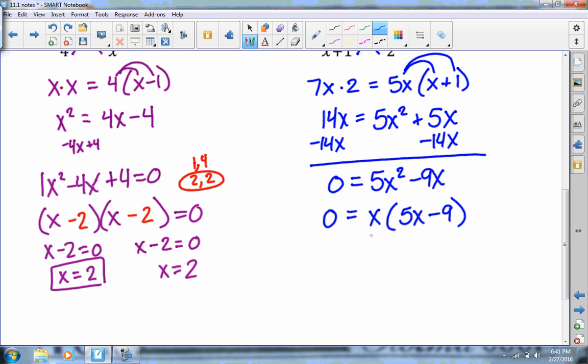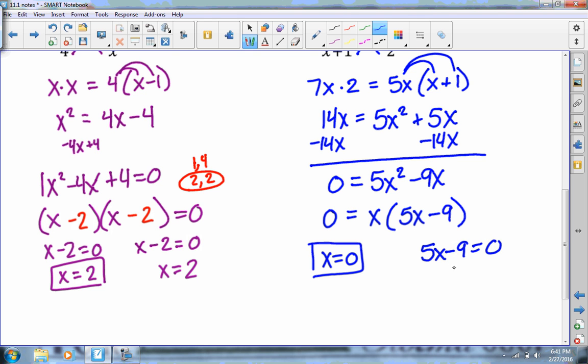Now again, I'm going to set both of these equal to 0. This little x that I took out as my GCF will get set equal to 0. And then the stuff in the parentheses, the 5x minus 9, that will also get set equal to 0. So this is already solved, x equals 0. That's one of my answers.